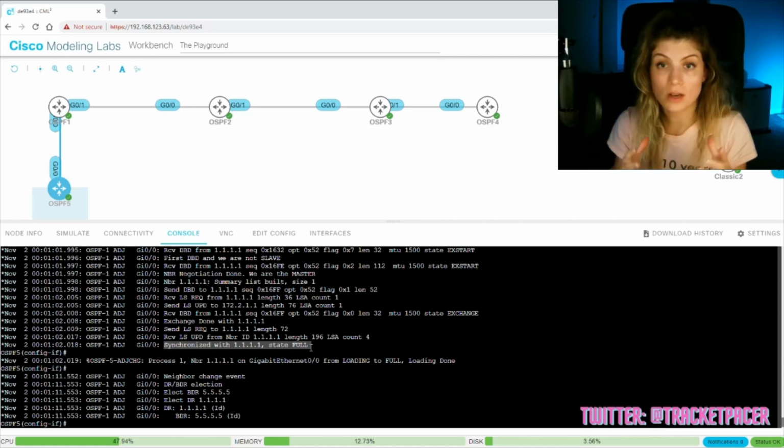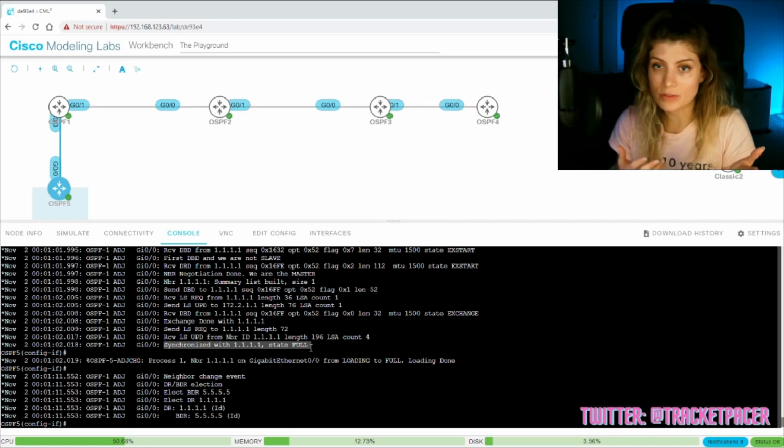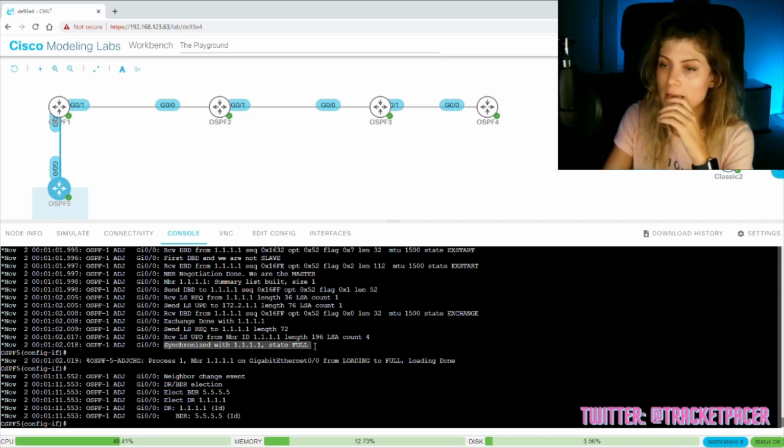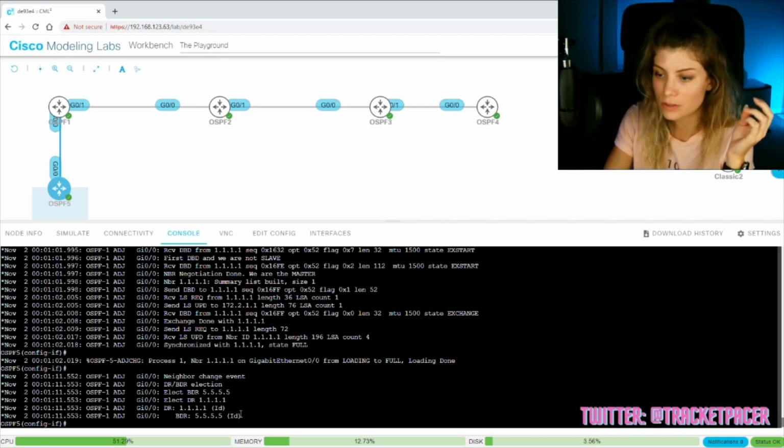They do see themselves as the center of the world, so they're the root or the top, depending on how you want to think of it. They're the root of their own SPF tree, for the algorithm that's used to calculate costs and things, because that's necessary. You have to know where you are in the scheme of things, and you're obviously your root. So they think of themselves as the root of their trees for the purposes of the algorithm, but they have the same database everybody else in their area does.